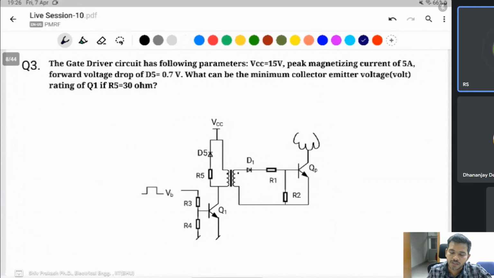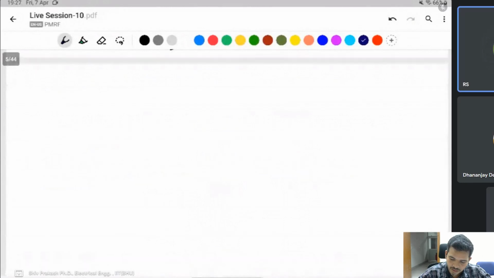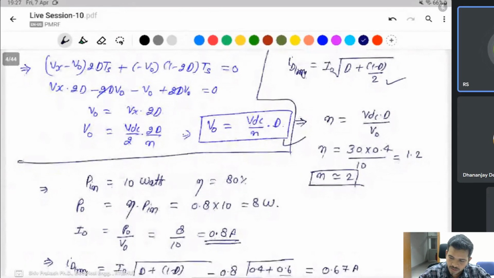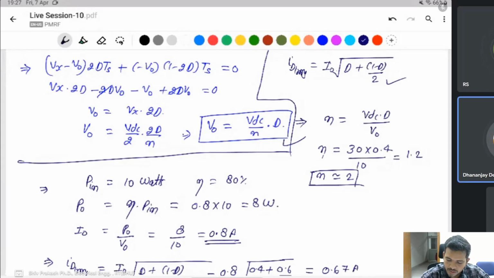Sir, in that terms, ratio n equal to 2? Yes. Sir, it is actually n1 by n2 equal to 2, right? It is a turn ratio, no? It means we want to calculate number of turns, NP by NS, like that. So how we calculate the NP?